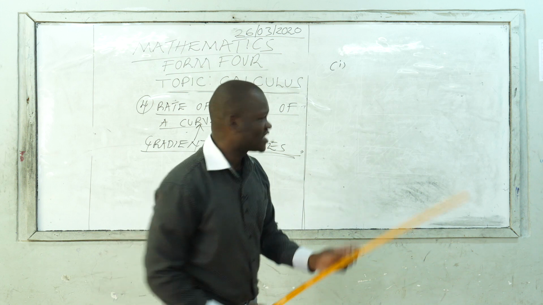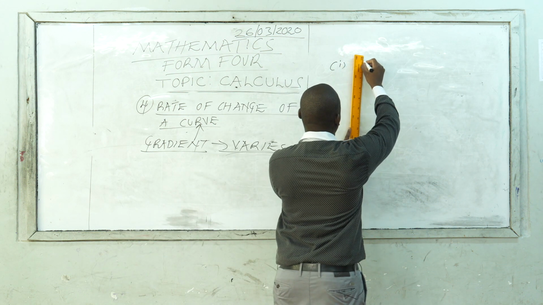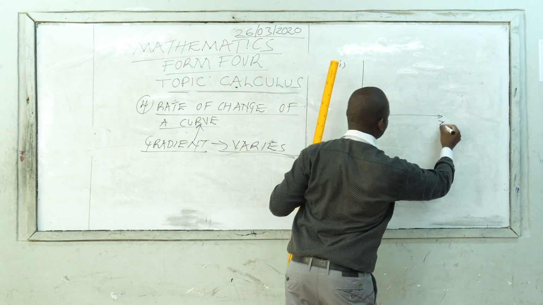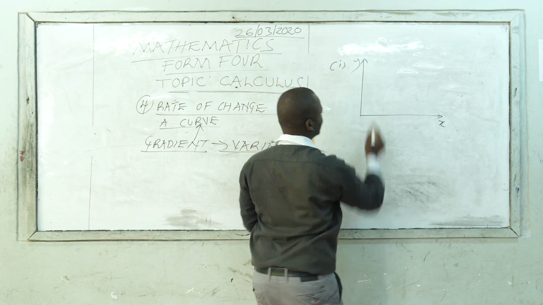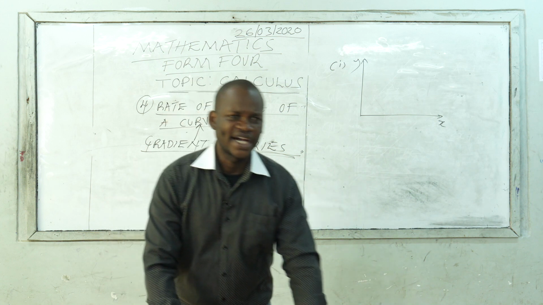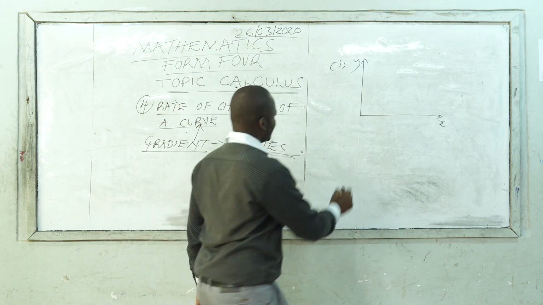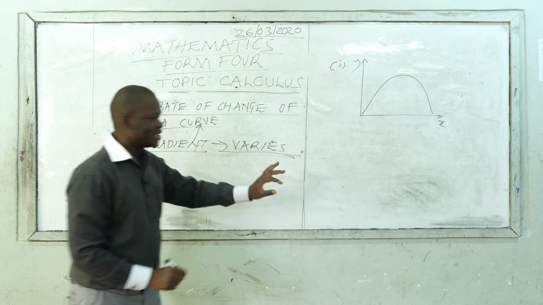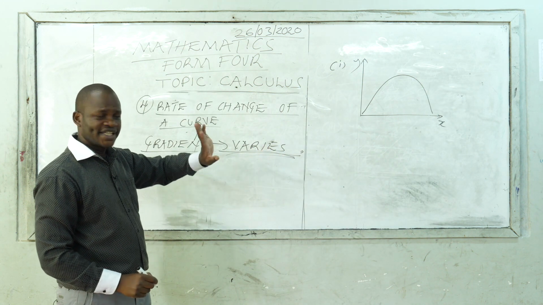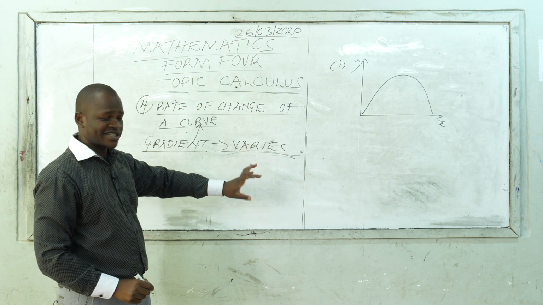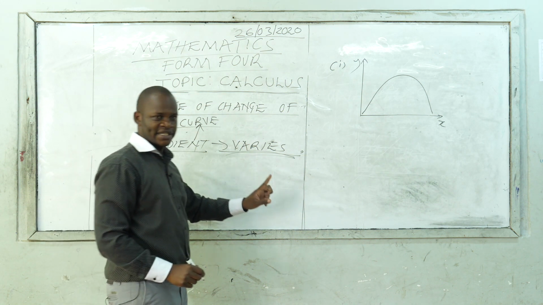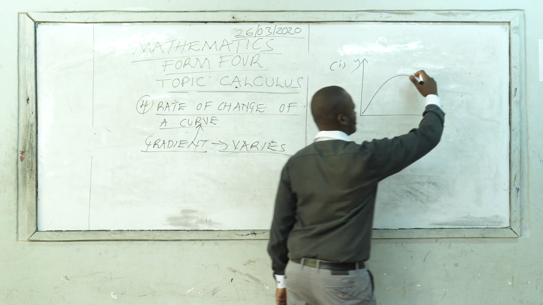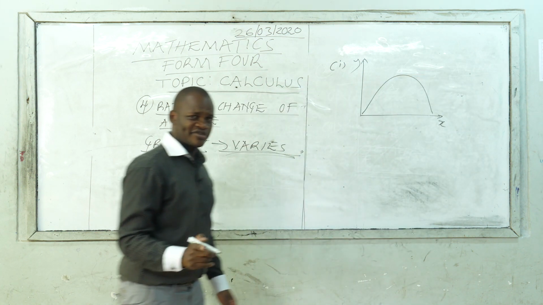So we have our first curve. That is the x-axis, and that is the y-axis. Now, if I have such a curve, clearly we have variation in terms of the gradient, because here we have a different inclination from that side.